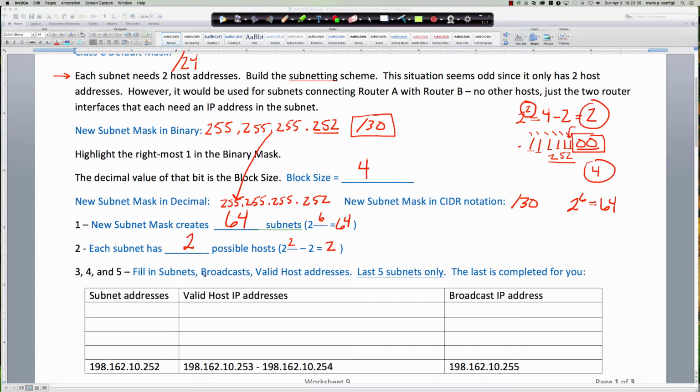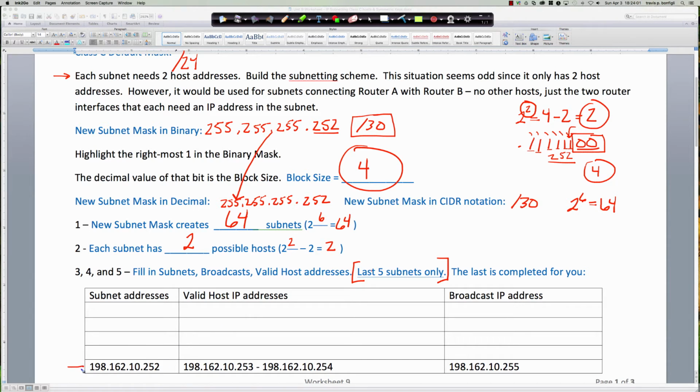So we'll have 2 possible hosts. Now, we're not going to do all 64 here, obviously. It wants the last 5 subnets only, right? Now, if it was the first 5, that would probably be pretty easy, but we want the last 5, which is just as easy because we have the most important value of all, the block size.